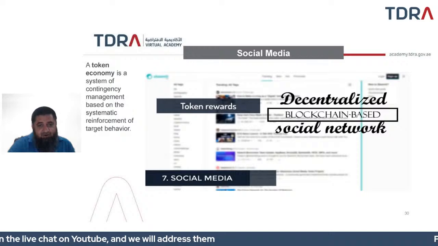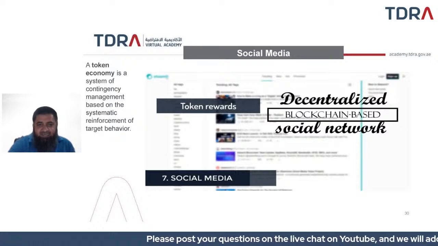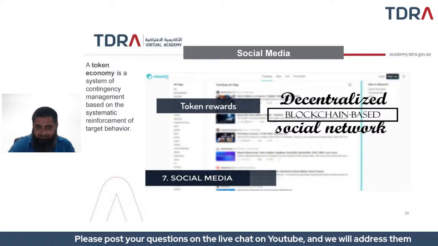It gives rewards in the form of tokens, and it is a decentralized social media network based on a blockchain.